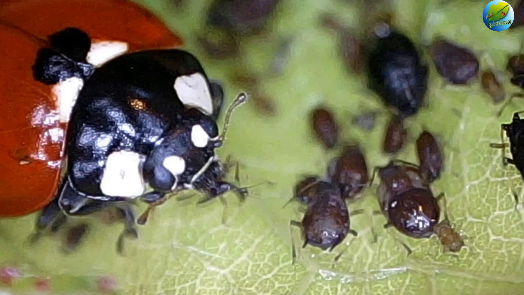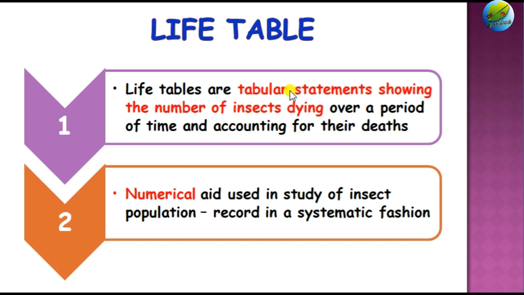Life table is the numerical aid used in the study of insect populations to record in a systematic fashion the number of insects dying over a period of time, often represented in a tabular form accounting for deaths. There are two types of life tables based on age and time.